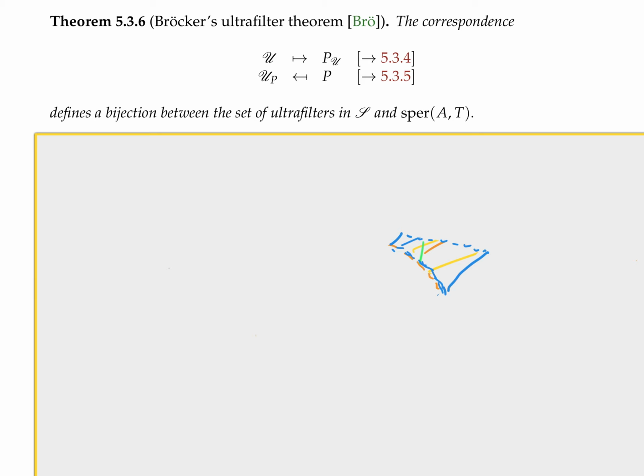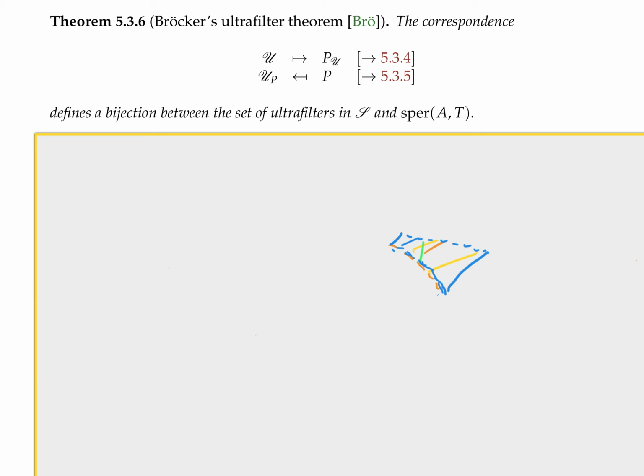So, yeah, let's prove it now. I think we have good intuition now, and now let's prove it. We have to show the following things. If U is an ultrafilter in S, we know already the well-definedness of both maps, by the two lemmata.